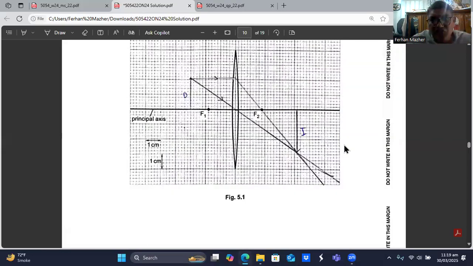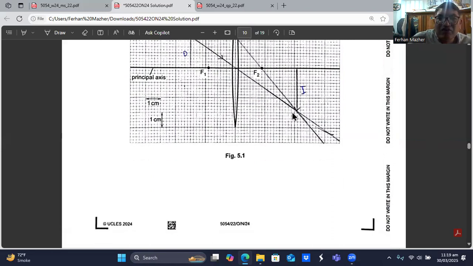Okay, so let me check again. I think this is 1, 2. It's like 2.8, yeah. So if you divide 2.8 with 2.1, what will be the answer? You have to check.